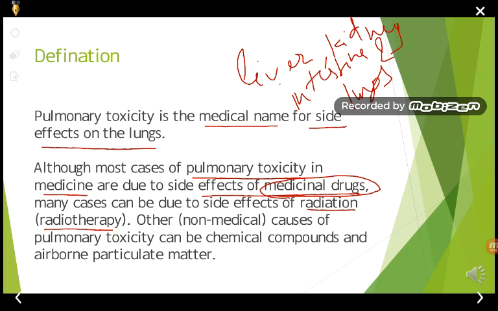So these injuries may be caused by a medicinal drug or by radiotherapy, and sometimes by non-medical causes such as exposure to chemical compounds and airborne particulate matter. These are the different sources by which the lungs are exposed and get injured.